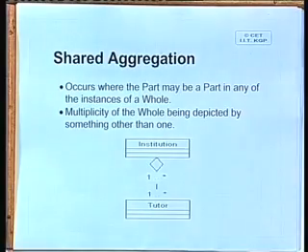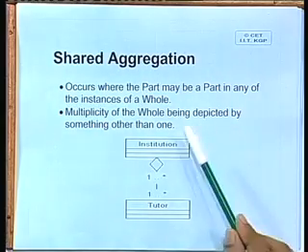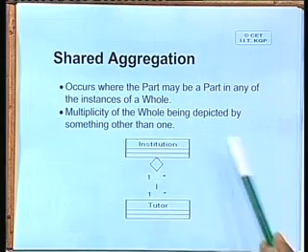The other type, that is known as the shared aggregation, is where the part may be a part in any of the instances of a whole. Alright, something like say multiplicity of the whole being depicted by something other than 1.